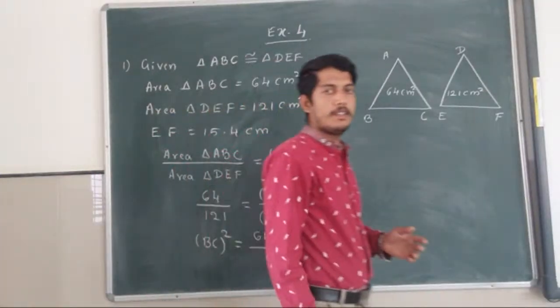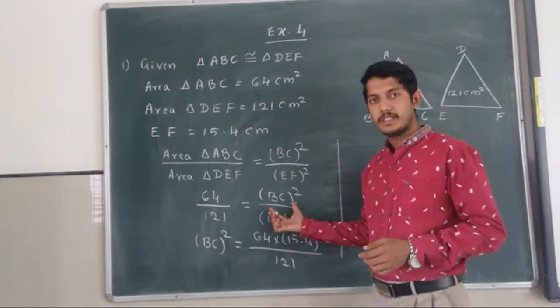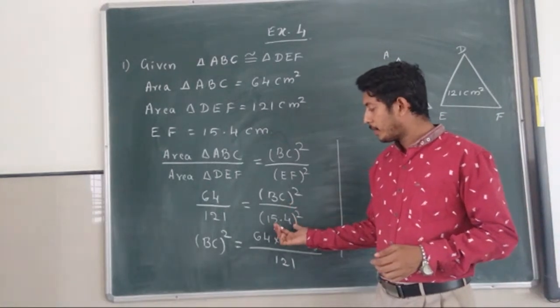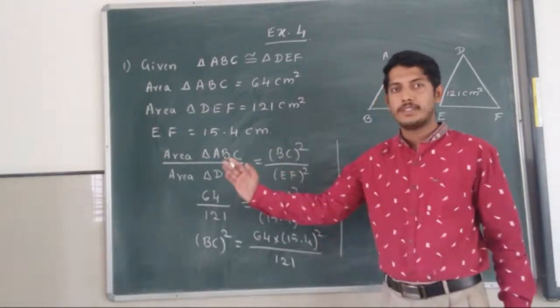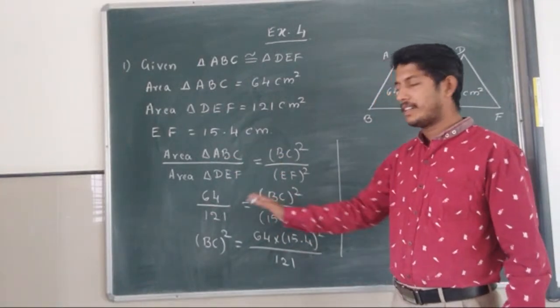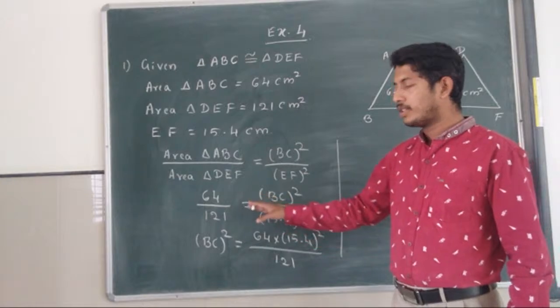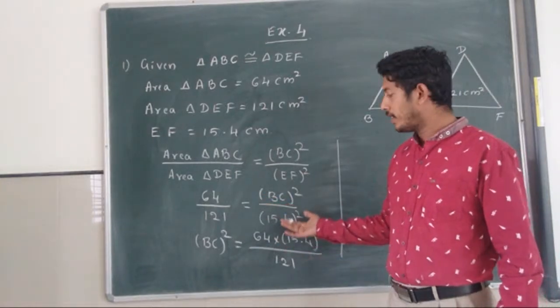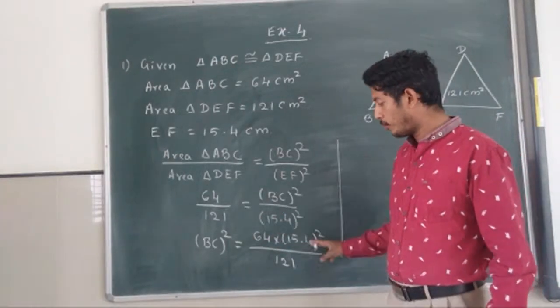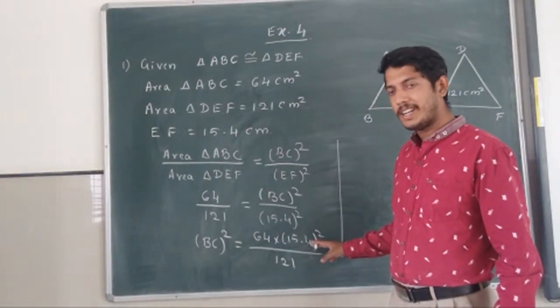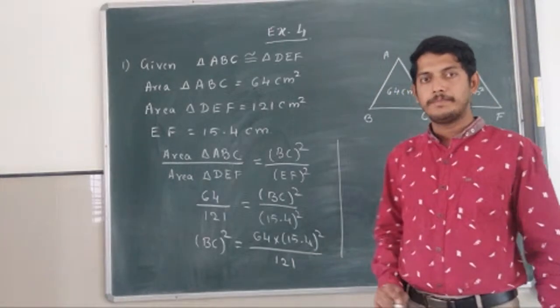Just look here: we want only BC square, so the remaining part, 15.4 whole square, is in the denominator. We shift that denominator term to the other side, so the division becomes multiplication. That's why it is 64 into 15.4 whole square divided by 121.